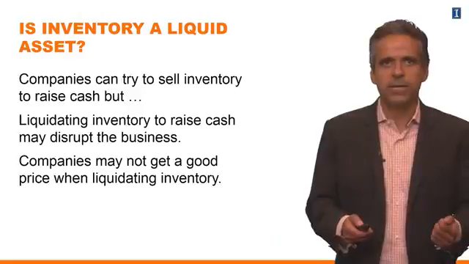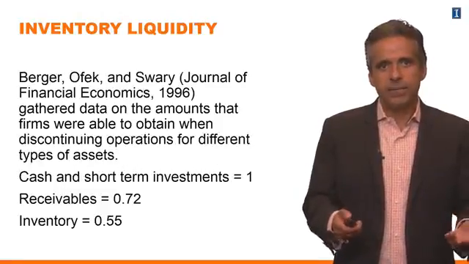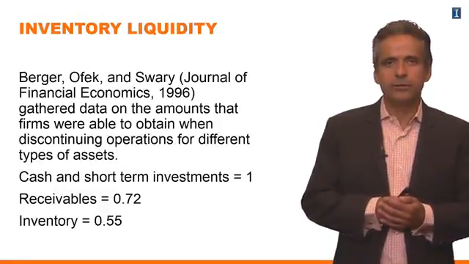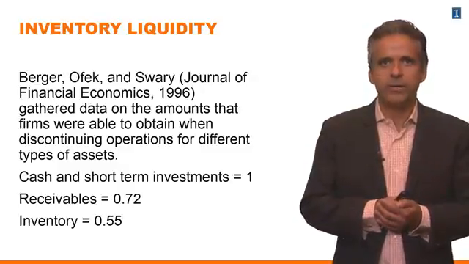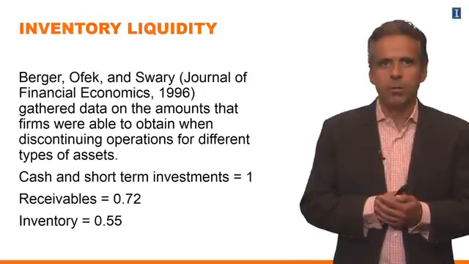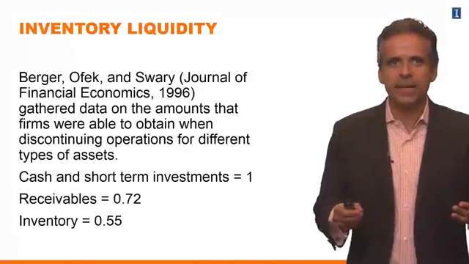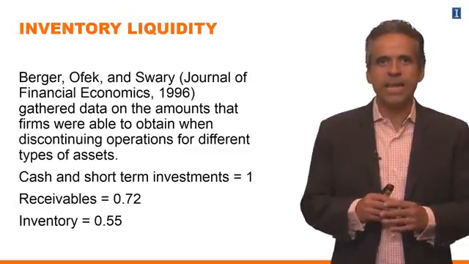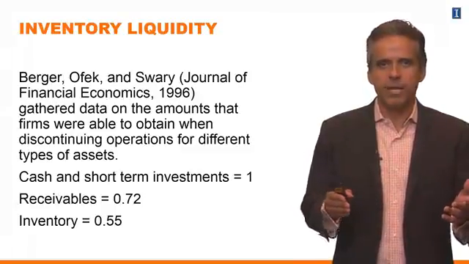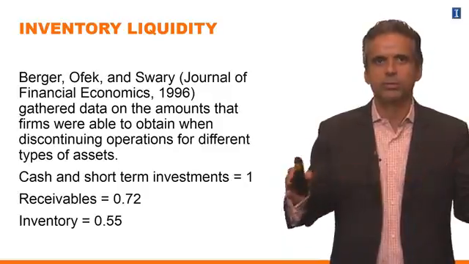a particular airline. If you sell that to a different airline, you may not get a lot of cash for that. Actually, there is some evidence in the corporate finance literature. There is a very interesting paper by Berger, Ofek, and Swary, which was published a few years ago. What these authors did is they gathered data on the amount that firms were able to obtain when they sold their assets because they were discontinuing operations.